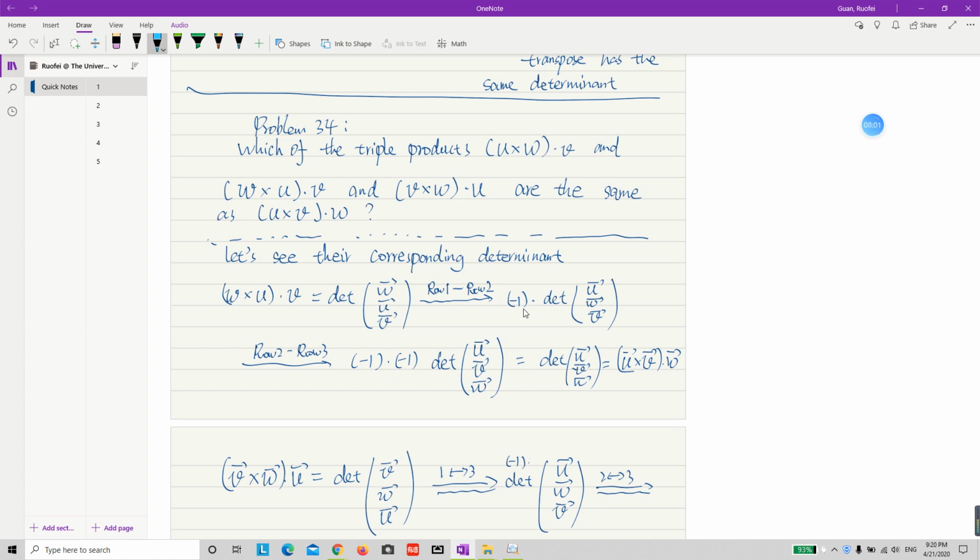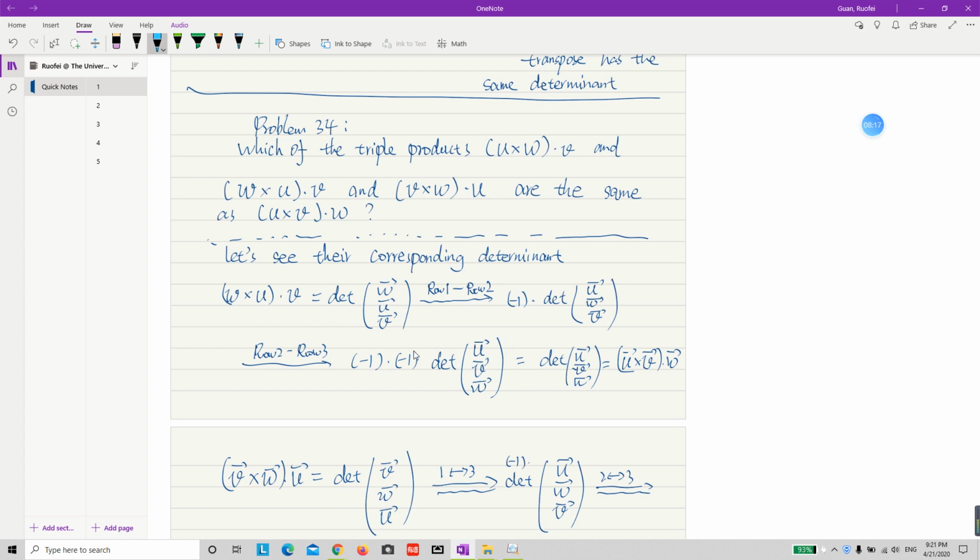Then we exchange row 2 and row 3, and we get u, v, w, with another minus 1.